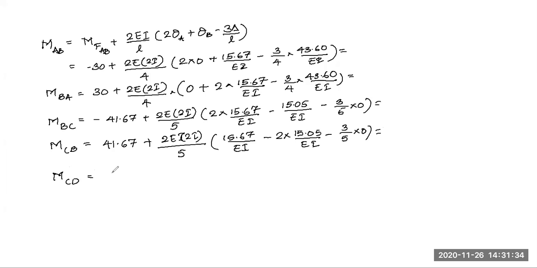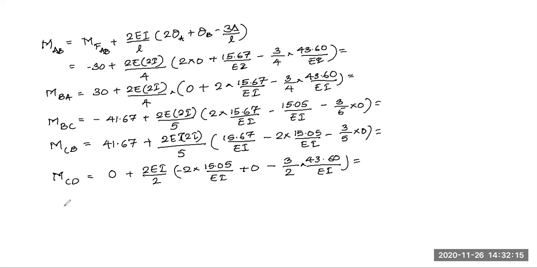MCD will be MFCD, which is 0, plus 2EI by 2 into 2 times theta C, so 2 into minus 15.05 by EI, plus theta D, which is 0 because it is fixed, and minus 3 delta by L, where delta is 43.60 over EI.